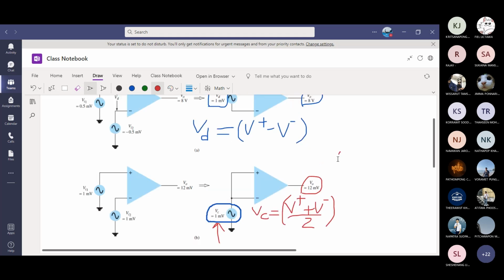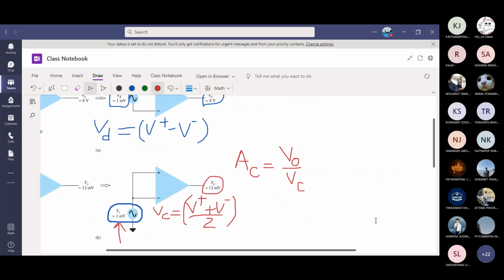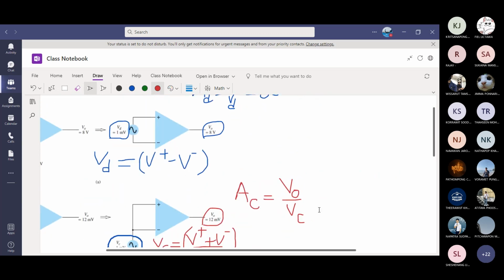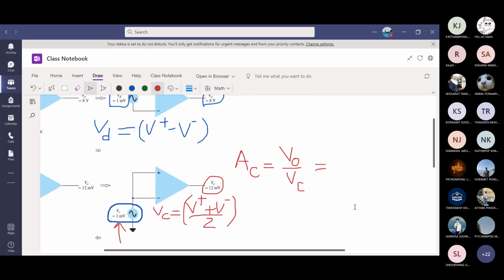So what is your common mode gain AC? Common mode gain AC is V out in the common mode divided by the common mode voltage VC. What's the gain?